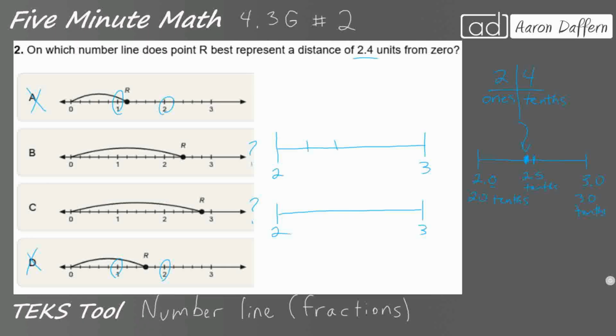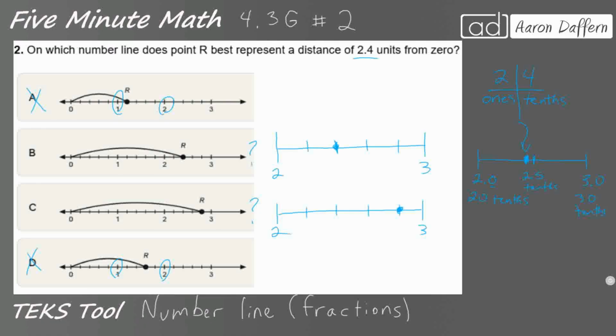So I'm going to do my best to kind of break this up into fifths. And so what we have on B is this spot right here. And then on C, we've got this spot right here. Now, based on my estimate over here to the right, it looks like it's going to be a little bit less than halfway. So that B is looking better than the C.